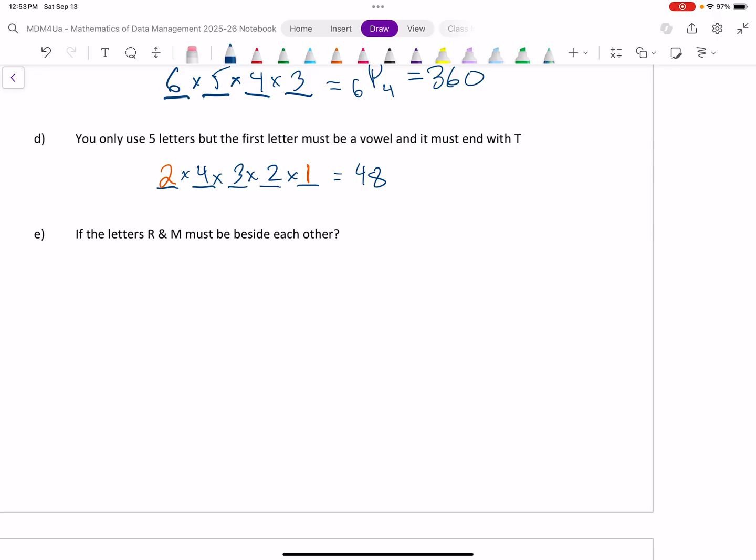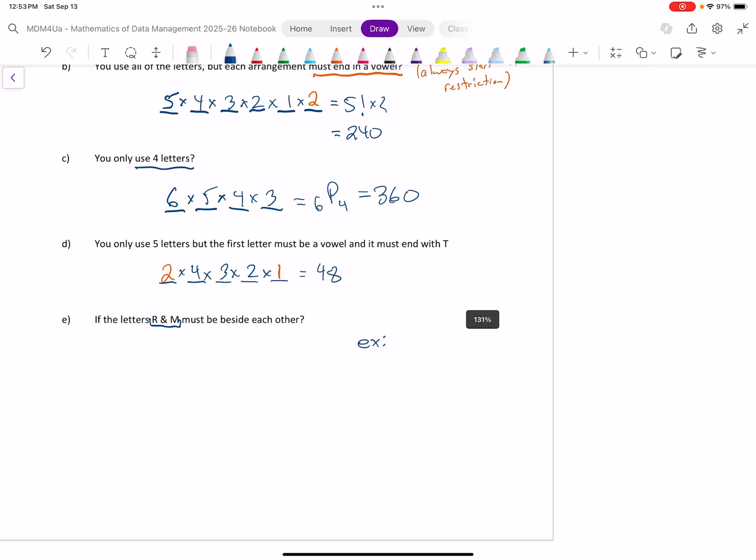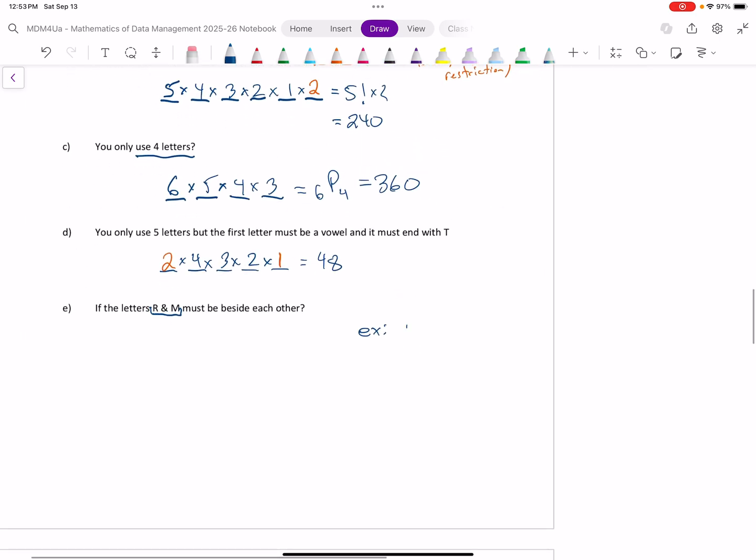This is a situation where you have 2 items that must stick together through all of the arrangements. So it says the letters R and M must be beside each other. So for example, I could have these letters of format. Let's say I have R, M, what's left? A, like this.